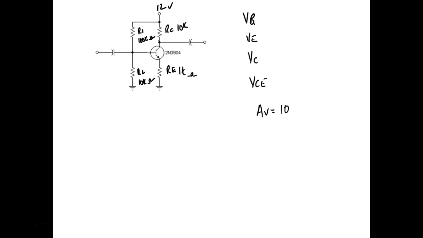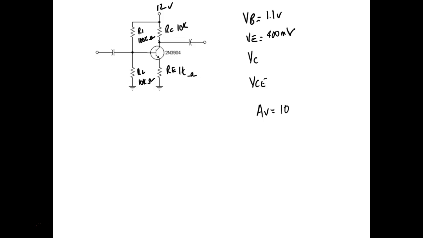So anybody got VB yet? So VE would be what? What's that? 400 millivolts? I thought you said 100. Then we can use VE to calculate IE, right? And we use IE to calculate VC.